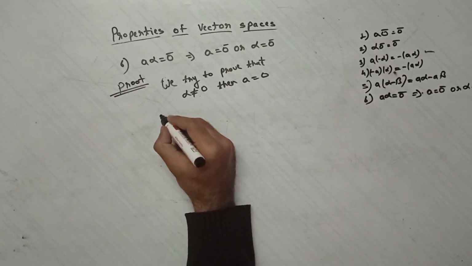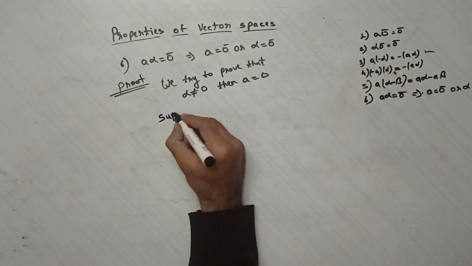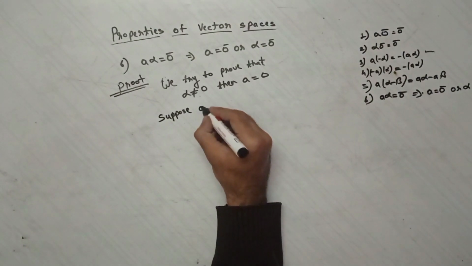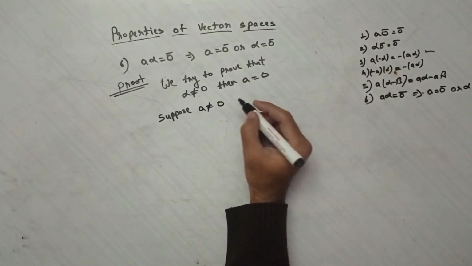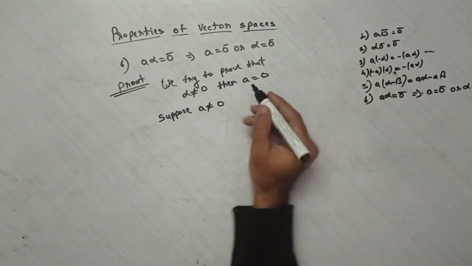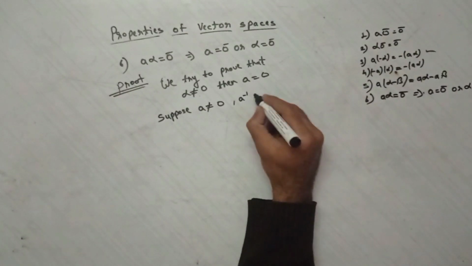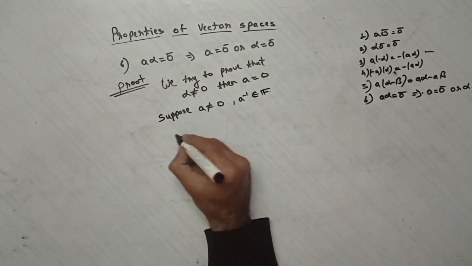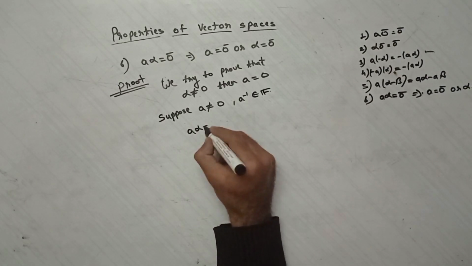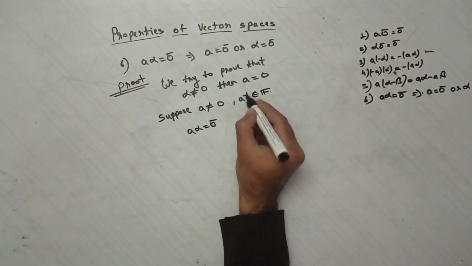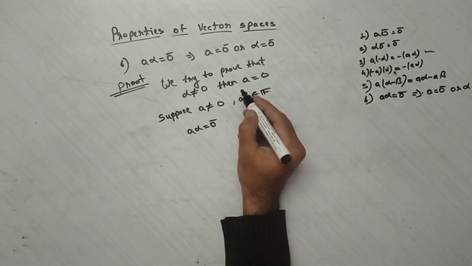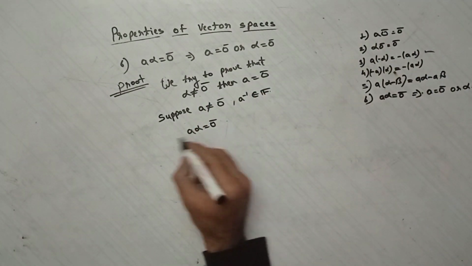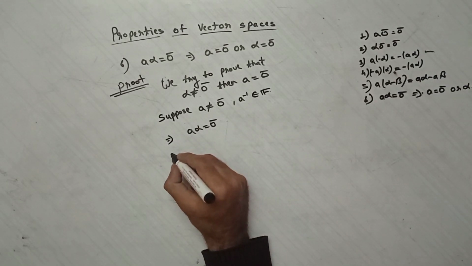So same as that, suppose a is not equal to 0. Then a inverse exists in F, and a alpha equals 0 vector. Sorry, these are vectors, I missed it.